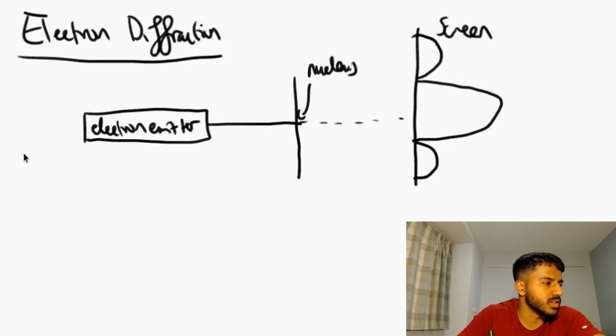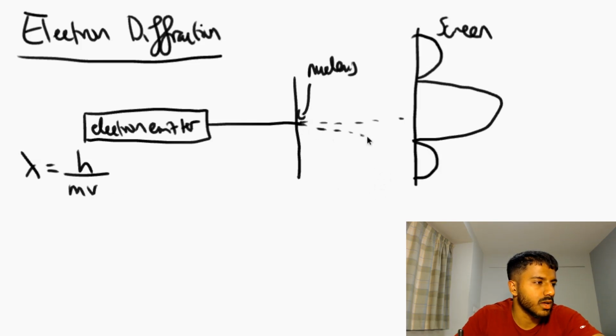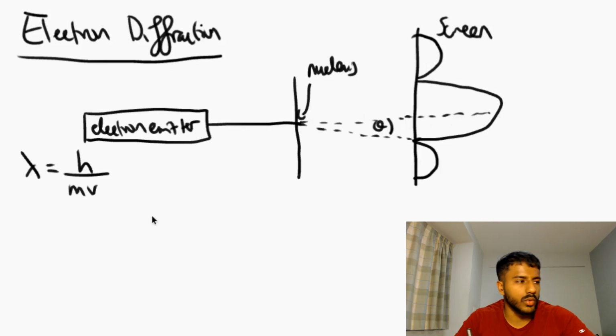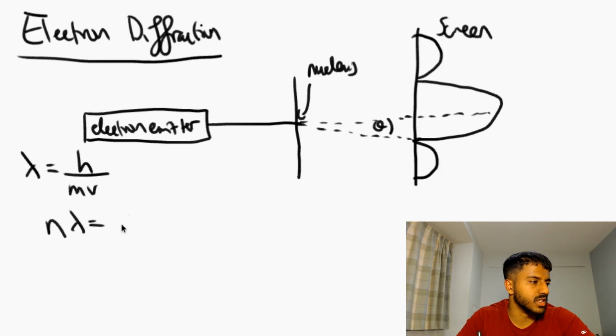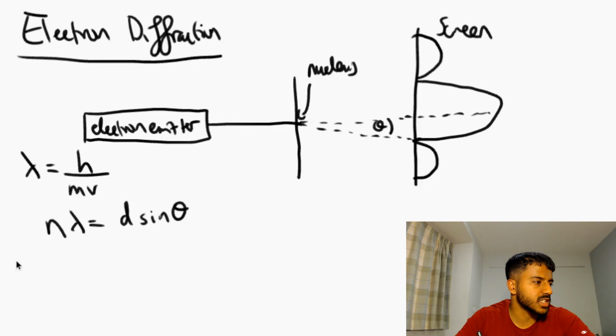Well, firstly, we can work out the de Broglie wavelength of the electron using lambda is equal to h over mv. And we're actually going to measure this angle here between the first order minima and the central maxima. And if you remember, we know that n lambda is equal to d sine theta. Well, the order of our first minima is actually given by 0.61.